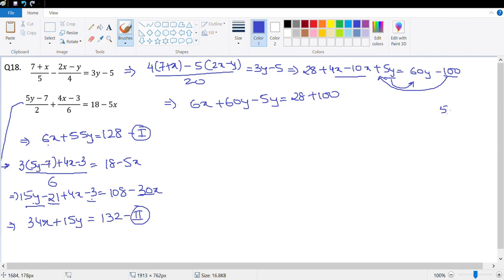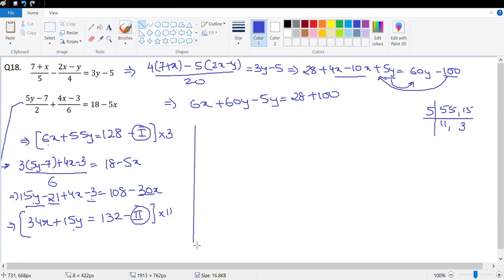I think that should be easier. The LCM will be 5 into 3 into 11, which means I will have to multiply the second equation with 11, and I will have to multiply the first equation with 3. So this will help me equate the coefficient of y.